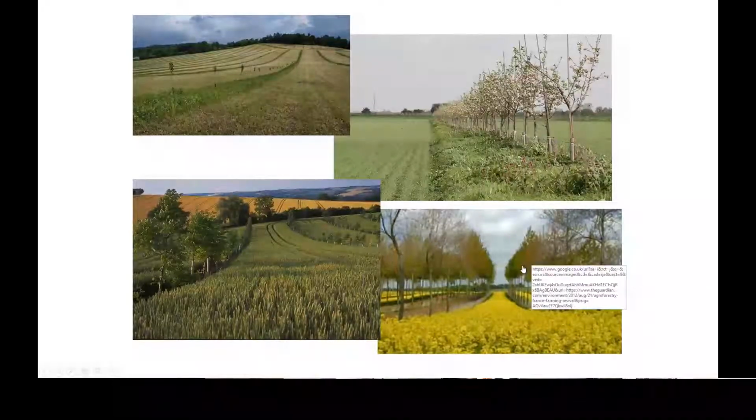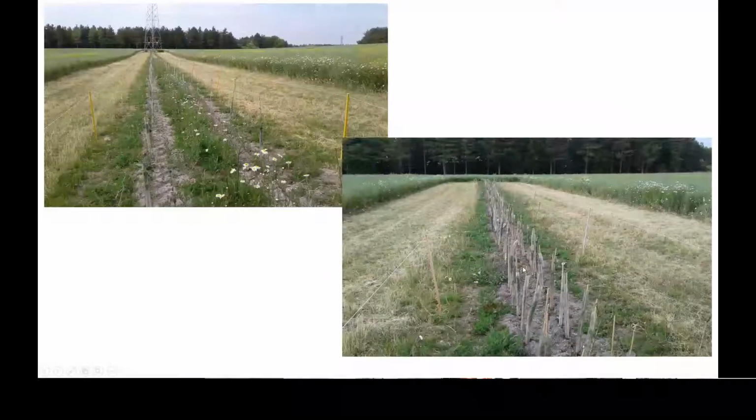But what I have persuaded them to do is on one of my strips, we've got a little trial that we planted this year. I've called it Hydrology. This is quite a wide strip because I was allowing enough width to put the trial in. If I was doing it commercially, I'd do the strip narrower. It's a 12-metre strip, and on half of it I've got some hazel coppice.